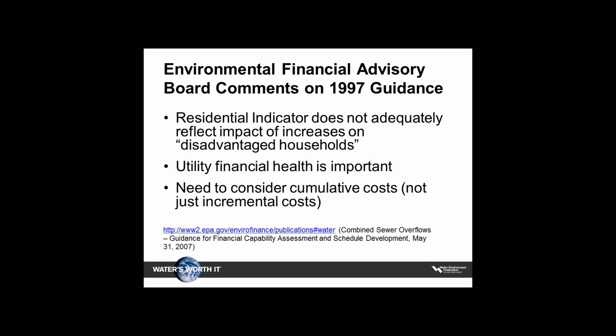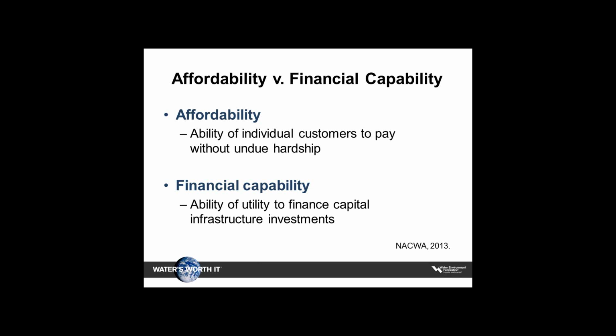And it essentially ignores the financial health of the utility. And EPA was only looking at the incremental cost of the CSO and SSO program and not the cumulative costs. And Gary will show you how important that is later.